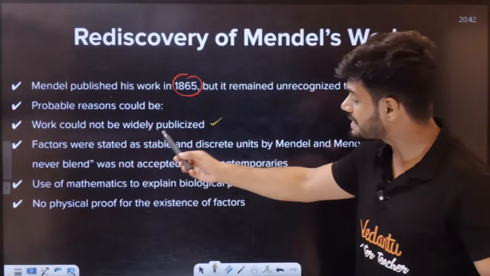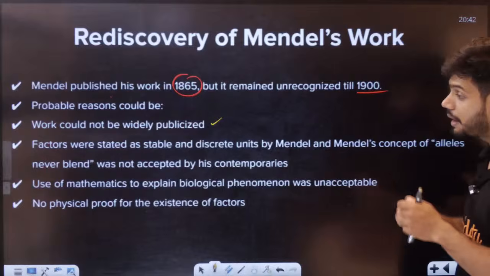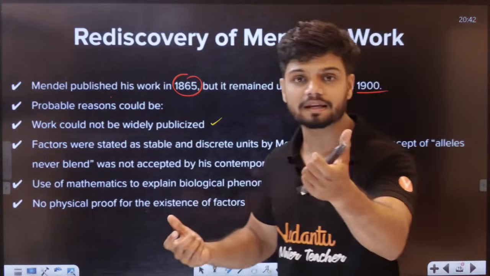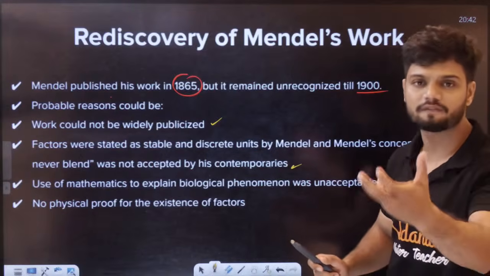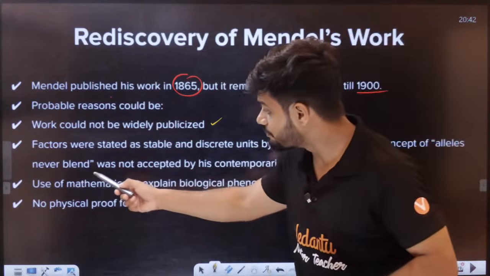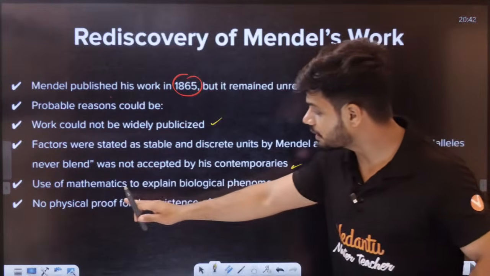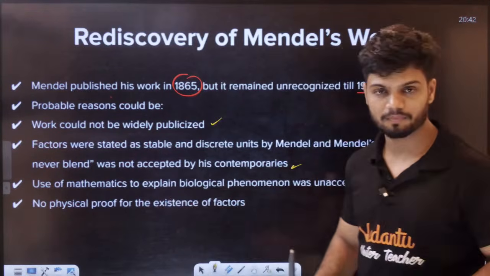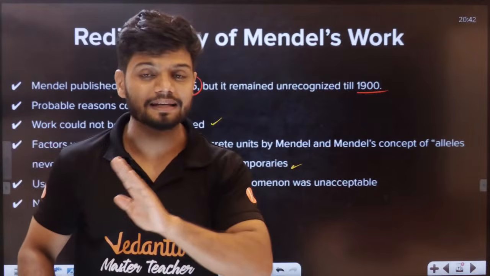Factors were stated as stable and discrete units by Mendel, and his concept that alleles never blend, that is the law of segregation, was not accepted by his contemporaries, his fellow people. The use of mathematics to explain biological phenomena was never accepted. There was no physical proof for the existence of factors; experimentally, genes and alleles were not identified.